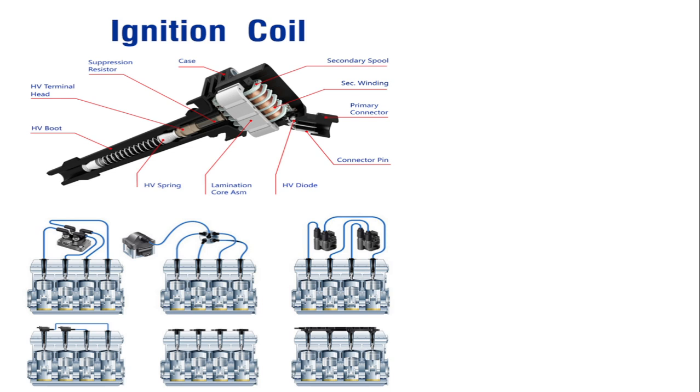In a car, you can mostly observe the engine having different numbers of cylinders. This is a 1, 2, 3 and 4 cylinder engine, so that's why we require 4 ignition coils: first, second, third and fourth. The spark is created at the tip of the ignition coil, and these 4 ignition coils are connected to the distributor.